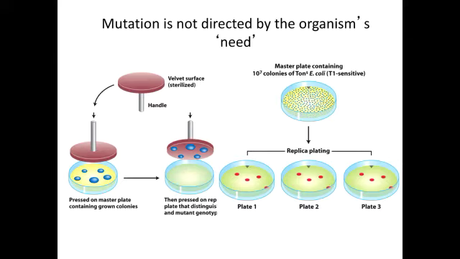Under some circumstances, one strain might mutate. Under some circumstances, another colony might mutate. And so what you would expect there, if the colonies are responding individually to the exposure to the phage, we would expect to see different patterns on each of these plates.